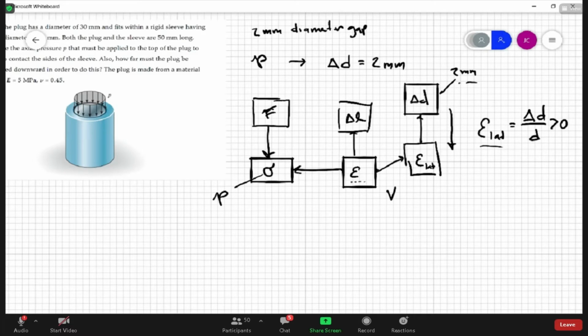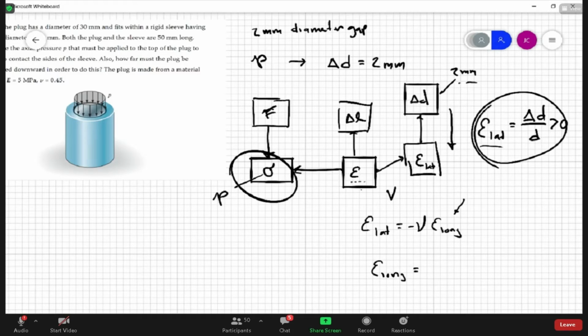That's going to be through Poisson's ratio. The lateral strain equals minus nu times the longitudinal strain. So the longitudinal strain is going to equal the lateral strain over Poisson's ratio. That strain is going to be a negative number, and its magnitude will be greater than the lateral strain, because Poisson's ratio is less than a half. You know what I mean?